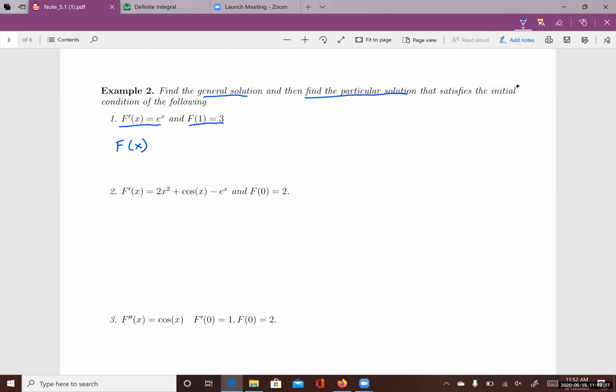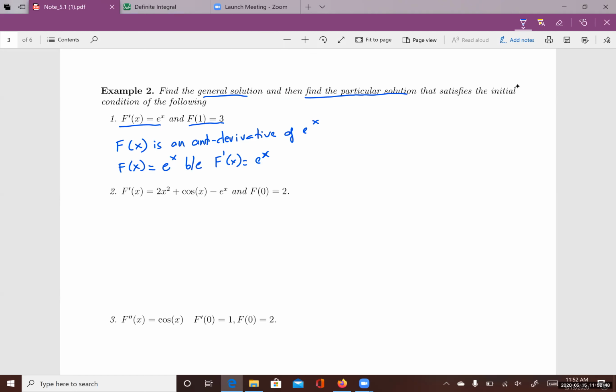So f of x is an antiderivative of e to the x. That means f of x equals e to the x, because the derivative of f of x equals e to the x. This is how we check our answer: you find an antiderivative and then take the derivative of the antiderivative to see if it goes back to the original function.